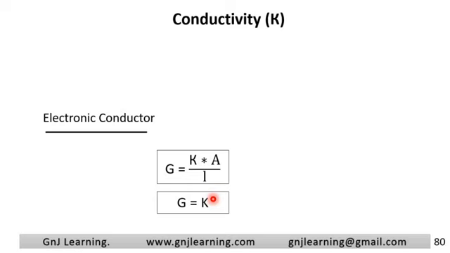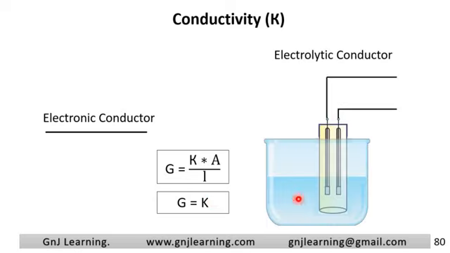In the case of an electrolytic conductor, we had a conductivity cell with two platinum electrodes in order to calculate the conductivity.